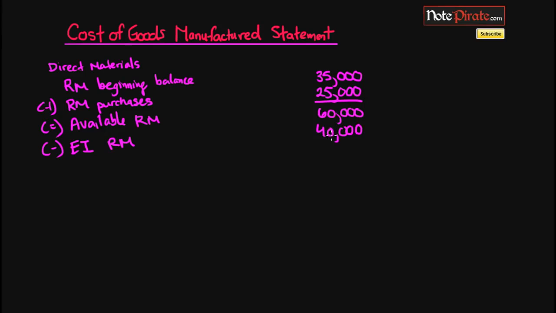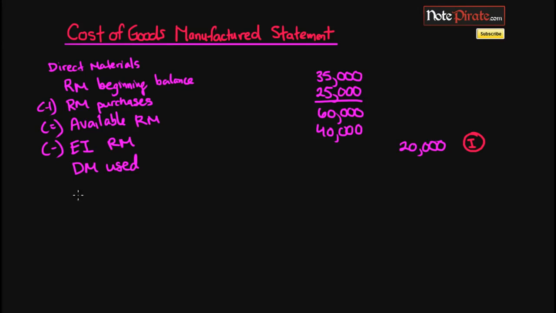If we have $40,000 ending, that means of course that we've used $20,000 towards the production of goods. So direct materials used is going to be $20,000. And I'm going to put a little Roman numeral symbol to show that we've completed the first part.